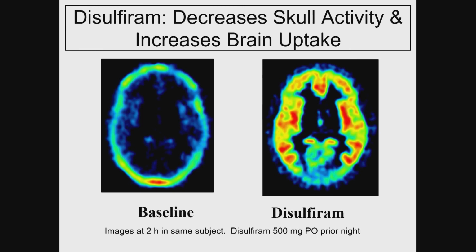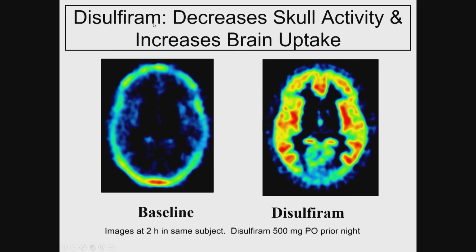But if you take this drug, which inhibits the intermediate metabolism of alcohol, you have a buildup of an intermediate metabolite that makes you flush and gives you tachycardia, it makes you sick and nauseous. So if you take this disulfiram every day, you're not going to take a drink because you'll get sick.